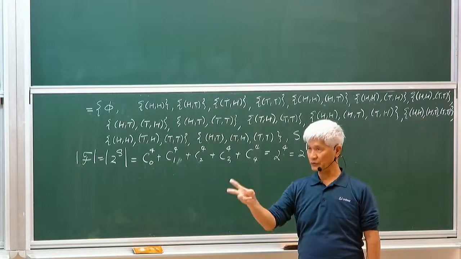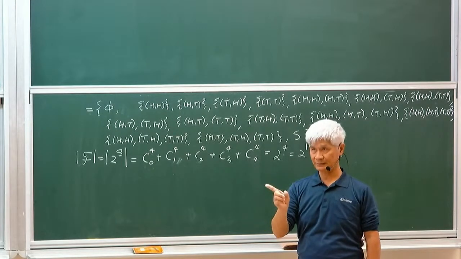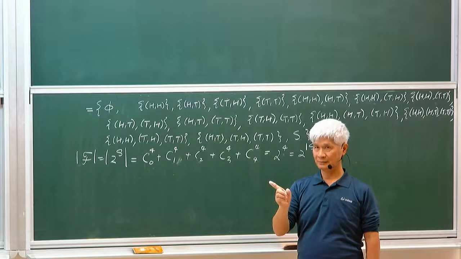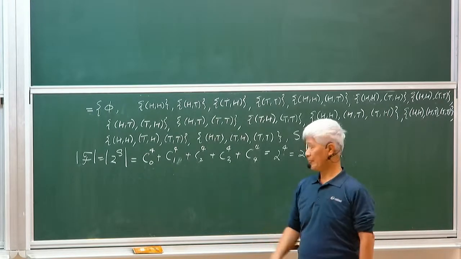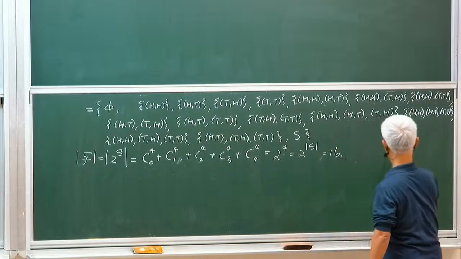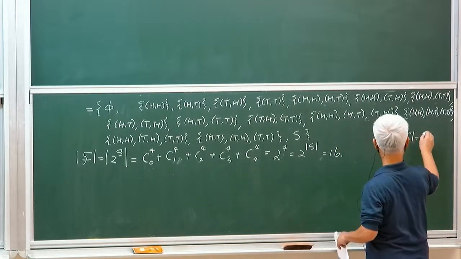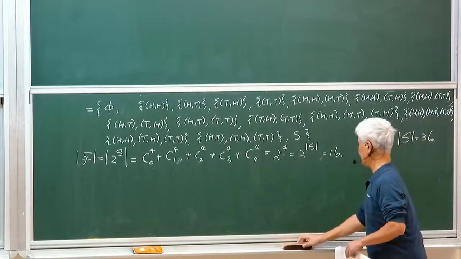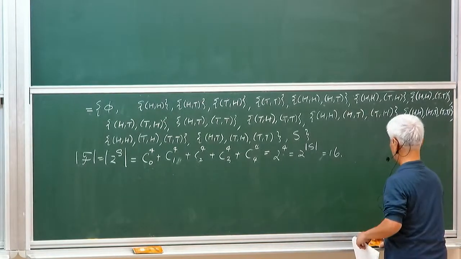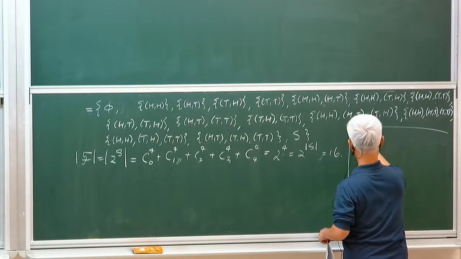So if you throw 2 dice, the possible outcomes would be 6 times 6, which is 36. You have 36 possible outcomes.